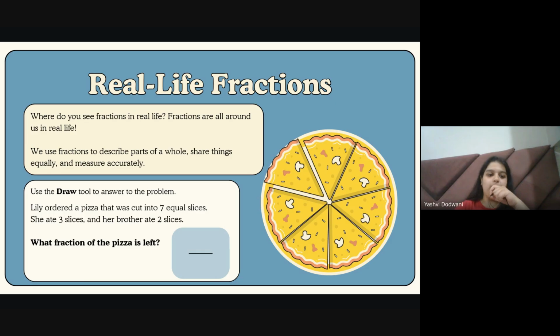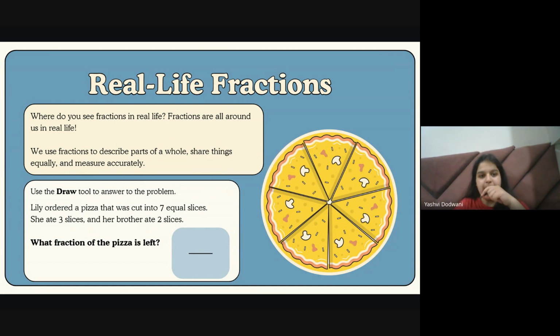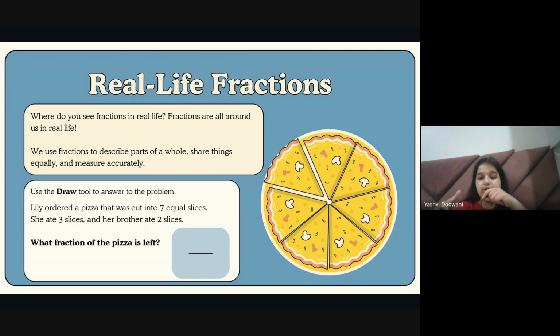Okay, well, no problem. We see fractions in cakes, like when the cake is cut. The cake is always cut. Suppose you went to a birthday party, so the cake is equally divided amongst all the children. So the cake which is divided equally is nothing else than a fraction.